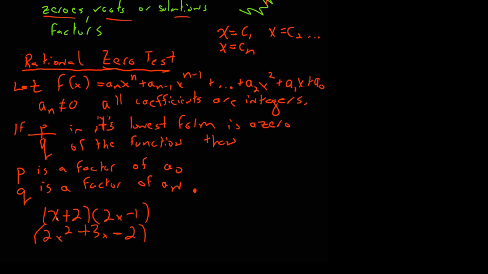x plus 2 equals 0, so negative 2 is a 0 of this. So negative 2 is a root. And it happens that negative 2 over 1, well, negative 2 is a factor of the constant, and 1 is a factor of this coefficient.